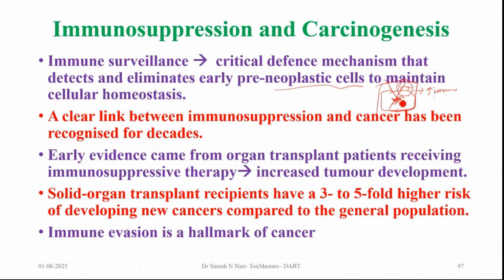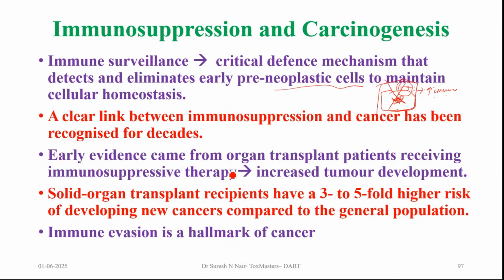The progression is actually prevented by the immune system. And when the immune system is compromised, what will happen? The cells that are selected as the clonal cells of the tumor will be expanding, or what you call clonal expansion. So the clonal expansion will be activated when the immune system is suppressed.